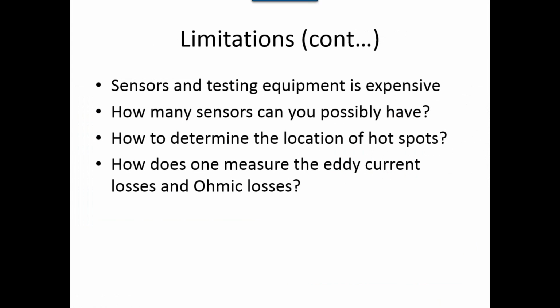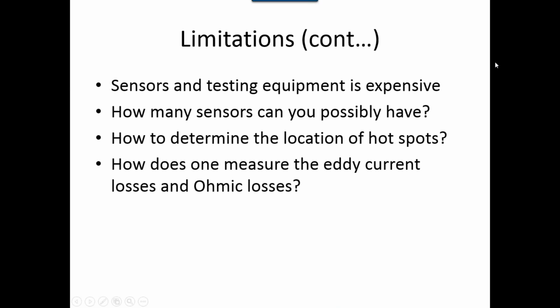So obviously some of the limitations are quite obvious when I take a look at a device something like this. What are they? First of all, these kind of sensors and testing equipment, the whole setup and testing requires a lot of time, a lot of effort, and obviously a lot of expense, right?